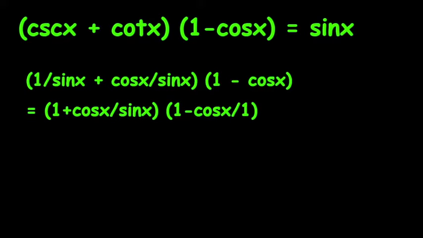The next step, multiply. Oh, time is running up. 2 minutes remaining. Okay, I will then multiply 1 plus cosine x divided by sine x times 1 minus cosine x, and that will put me to do the distributive property with the numerator, which will be 1 minus cosine squared x at the end.